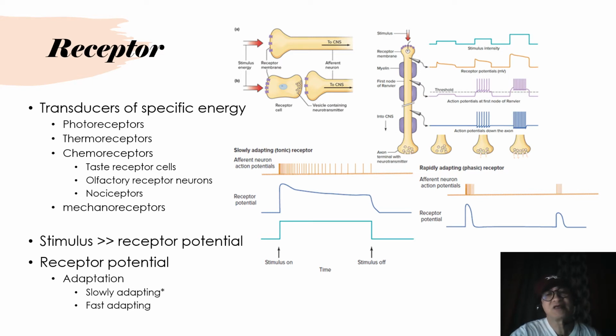Some rapidly adapting receptors only initiate potentials at the onset of the stimulus, the so-called on response, whereas other receptors respond with a burst of response at the beginning of the stimulus and another response at the removal of the stimulus, the so-called on-off response.